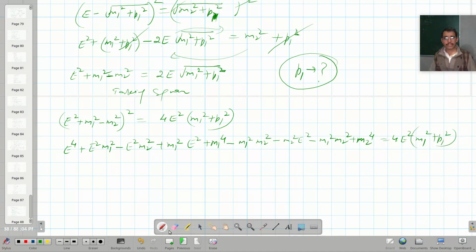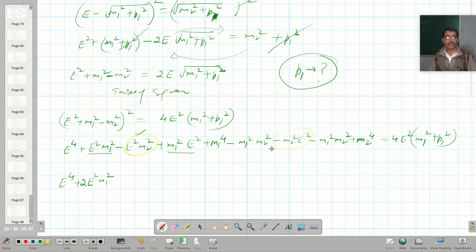So let us do a little algebra. E raised to power 4 will remain as it is, so it is E square m1 square, and both are similar, so it is twice of E square m1 square. And let us have a look at this part, m2 E square, right?